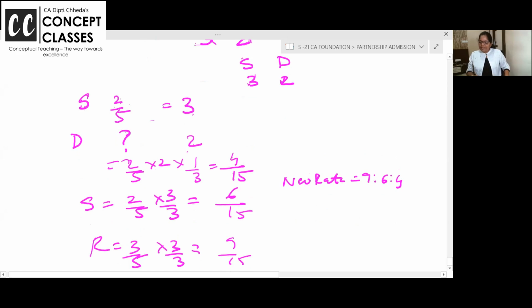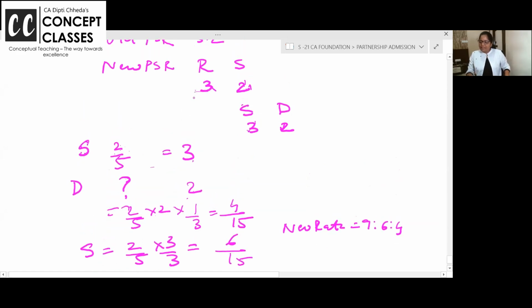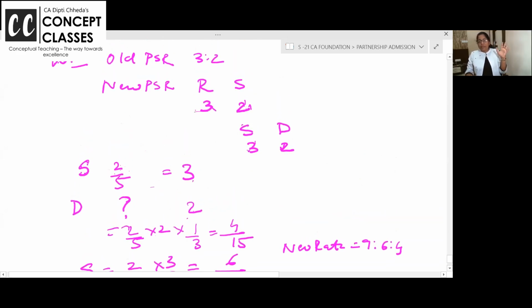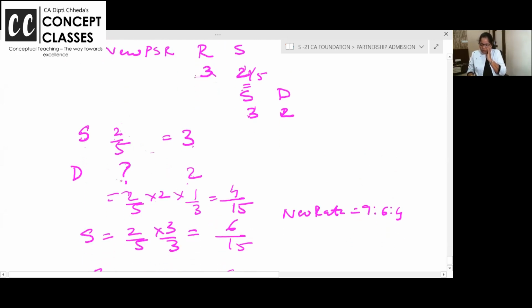There are different ways of working this. You can do like this also. You should know the logic that between Rain and Storm it is 3 and 2. Between Storm and Dust also 3:2. So for S, 3 is equal to 2/5, so 2 is equal to question mark.